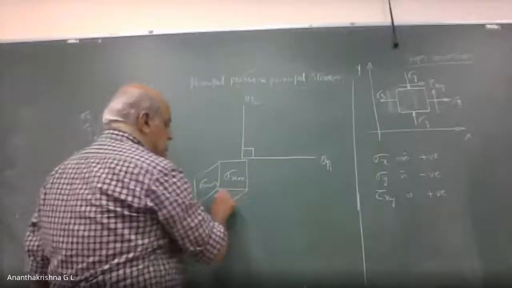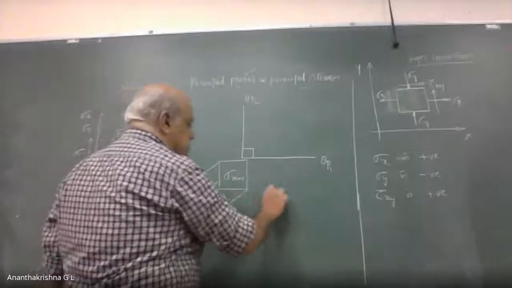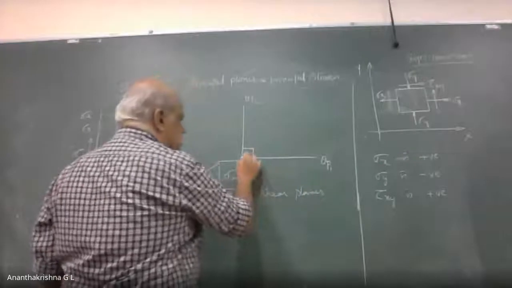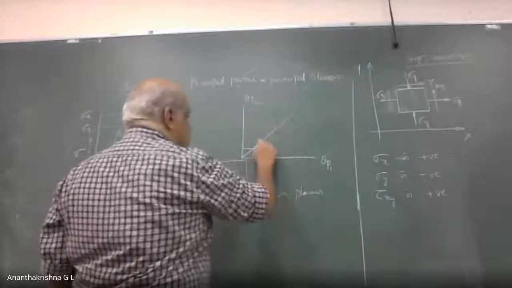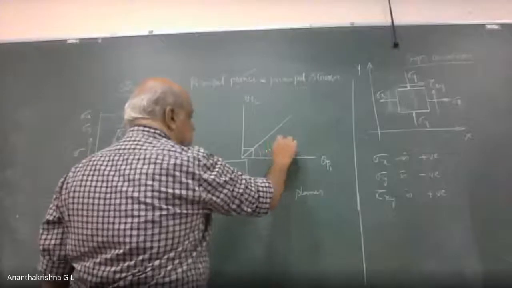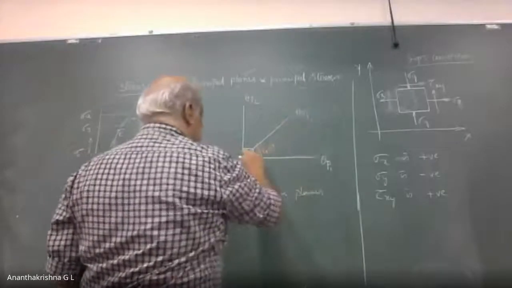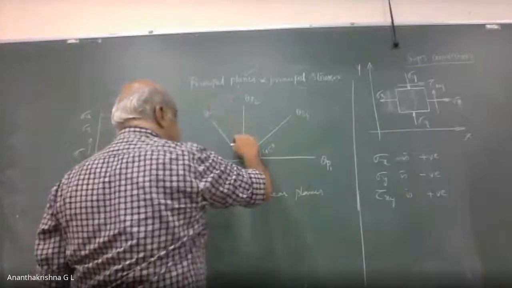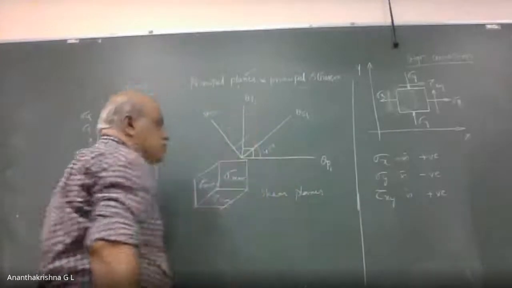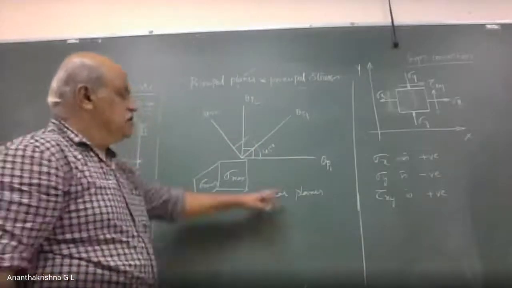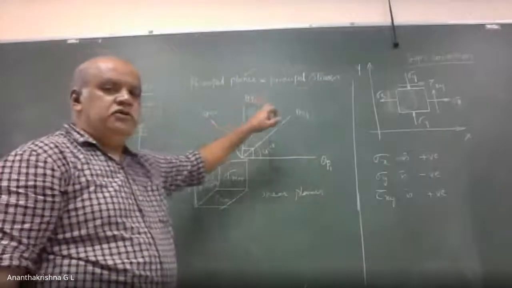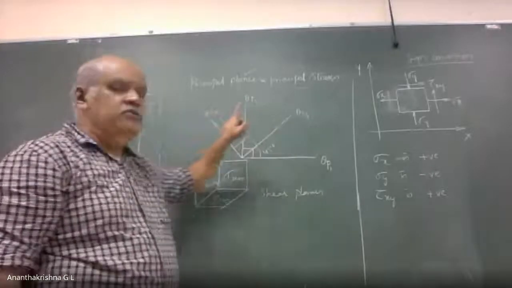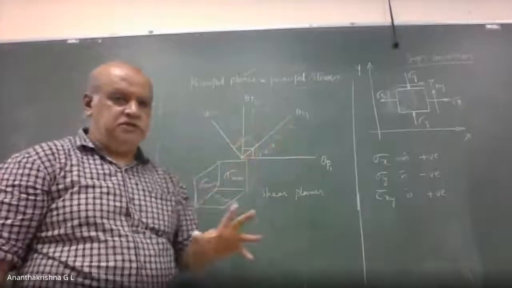And we have what are called shear planes, where you will get the shear values. They are at an angle of 45 degrees with reference to theta P1. You will have theta S1 and theta S2, which are at 90 degrees to each other. Theta P1 and theta P2 give the position of principal planes. Theta S1 and theta S2 give the position of shear planes.